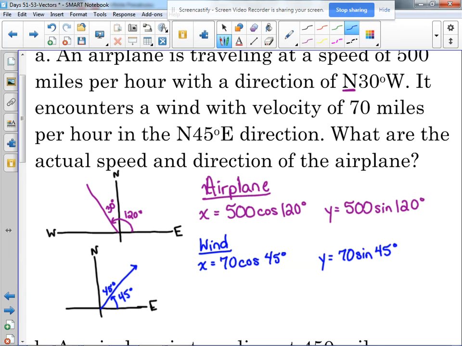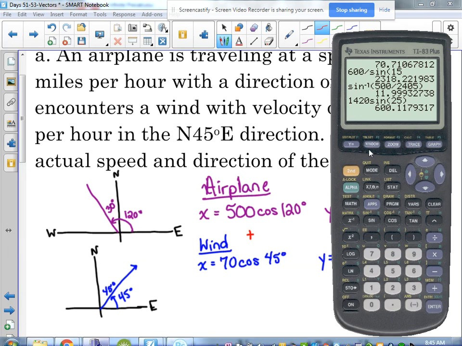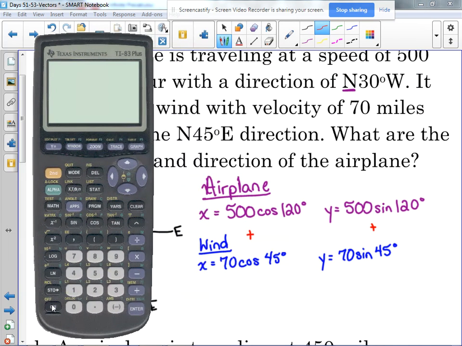So these two, the airplane speed plus the wind speed, are combining to give the actual speed of the airplane. So if they're combining, that means we're going to add our x components and we're going to add our y components. Now, here's what I would suggest when you're crunching these numbers in your calculator.